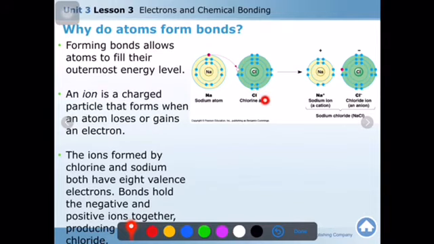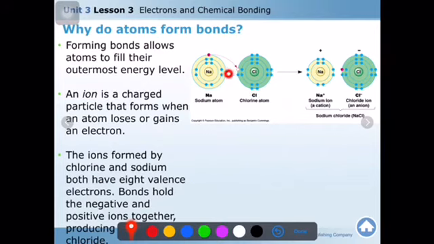How about the chlorine over here? How many valence electrons does it have? 1, 2, 3, 4, 5, 6, and 7. It has 7 electrons. How many are missing? Just 1 to reach 8 electrons. That's why it gets 1 electron from another element to fill its valence electrons to 8. Understand?